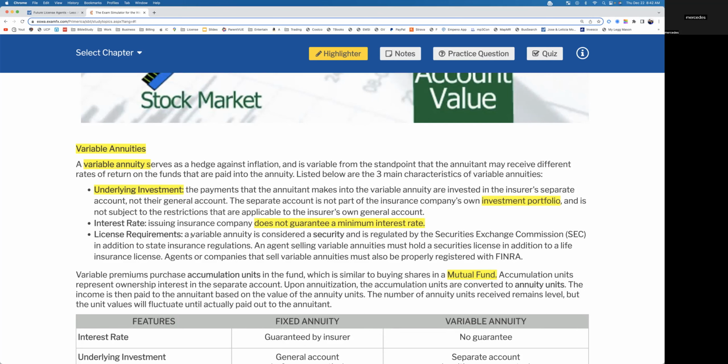License requirements: to sell anything that has the word variable in it, you not only need your life license, you also need your securities license. To sell variable annuities, you need your life insurance license and your securities license.